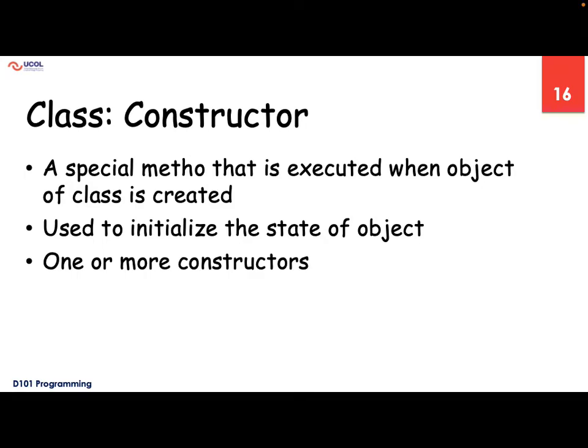But at the creation of that car in the factory, they have some initial properties that they need to set: what will be the color, what will be the power of the engine, and so on. Later on, if you want to do some modifications, yes, you can, but at the creation of that specific car, they set the initial state.